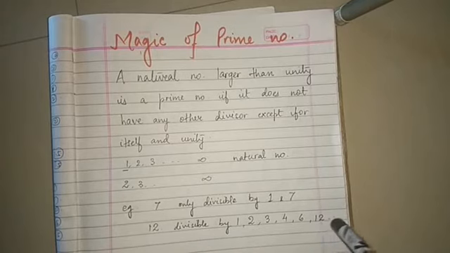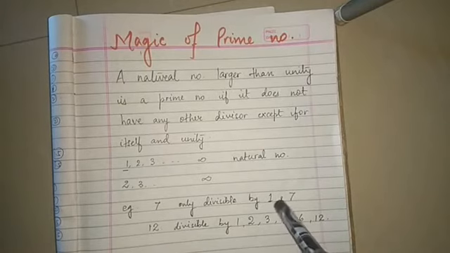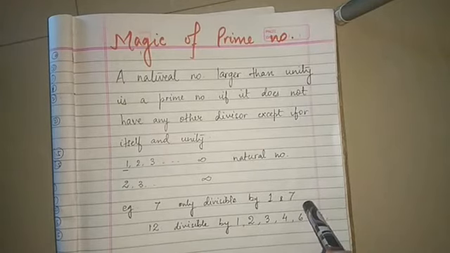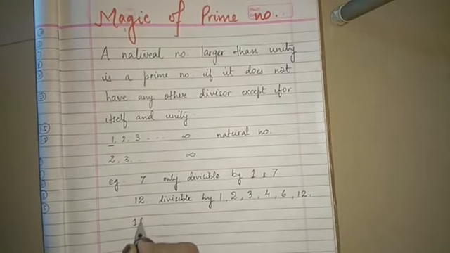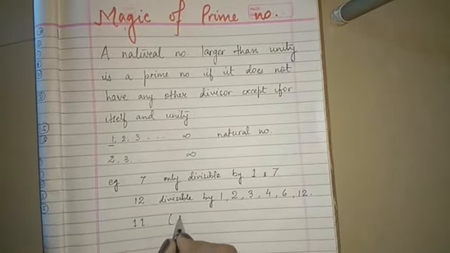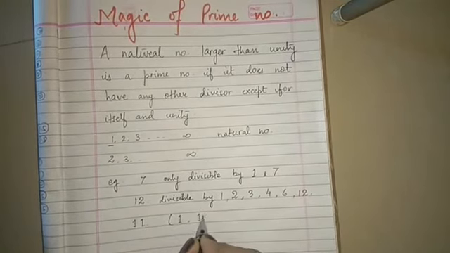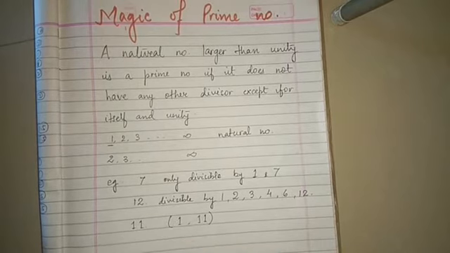So 12 is not a prime number, it's a composite number, and 7 is a prime number. Let's take just 2 more examples. Let's take 11. 11 is divisible by 1 and 11. Can you see any more factors of 11? No, there's no more factor of 11. So we can say that 11 is a prime number.